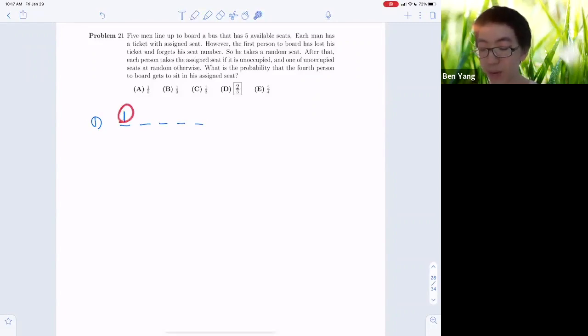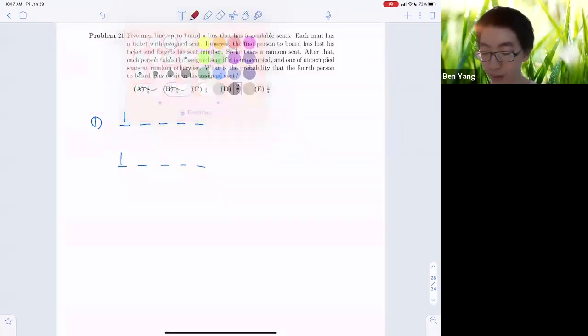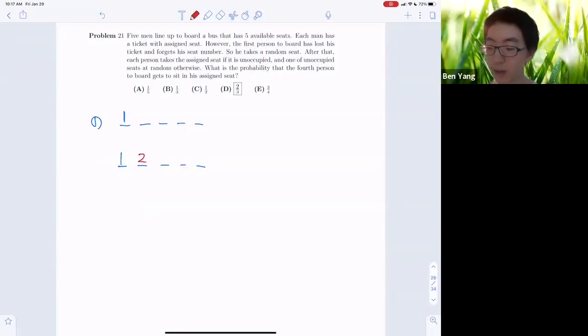So let's put 1 on the first spot there. In that case, everything's good because the second person is just going to take his own seat. So let's put 2 there. And then the third person is going to take seat number 3. And the fourth person will take seat number 4.